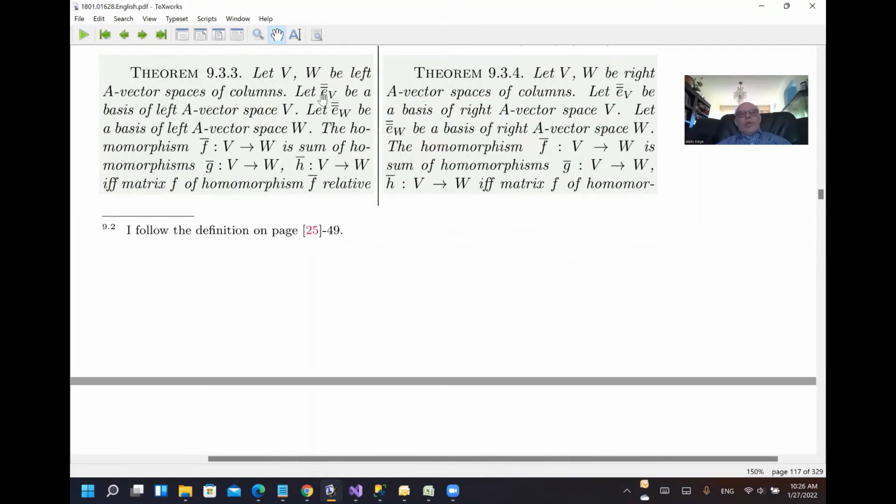Let V, W be left A vector spaces of columns.